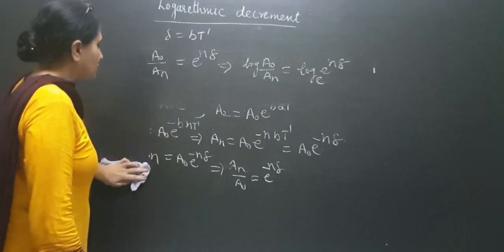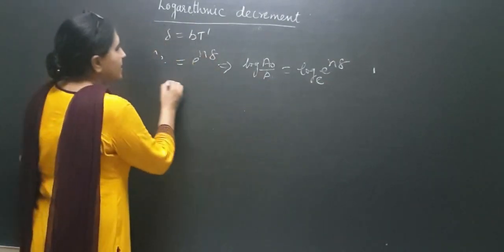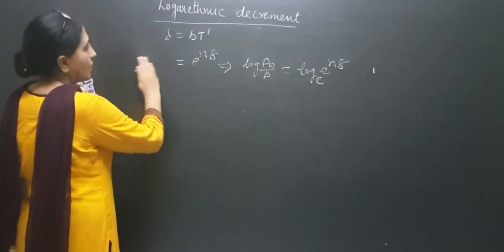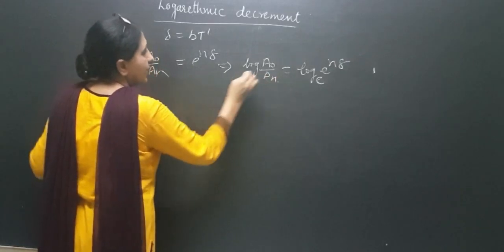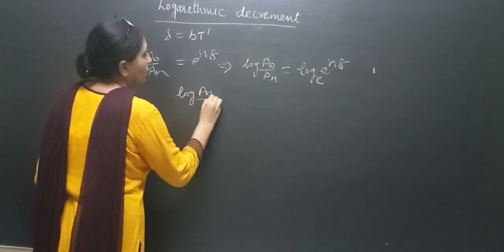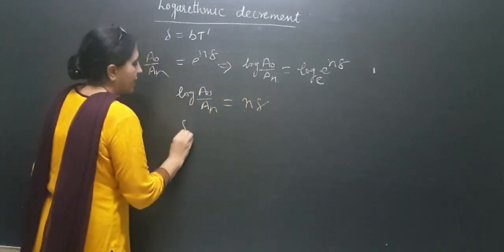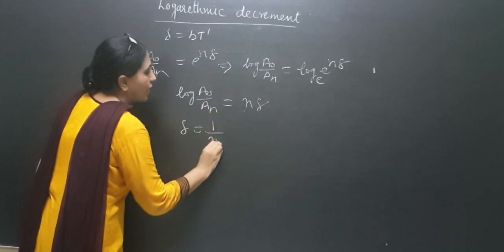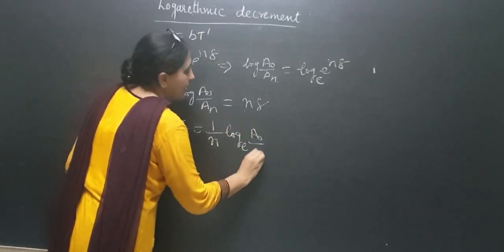When you take log on both sides, we get log of A naught over An equal to n delta. So from here delta is equal to 1 over n log base e of A naught by An.